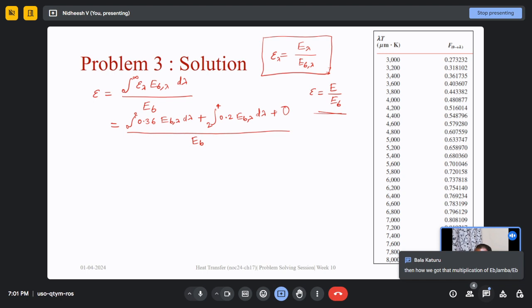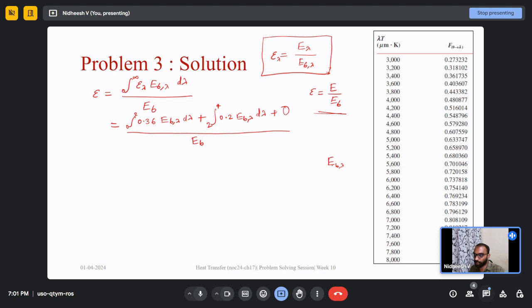Then how did we get that multiplication of EB lambda? These B and lambda are subscripts, okay? It is E subscript B lambda, just to indicate the emissive power of a black body at a wavelength of lambda. Is that clear? And what do we get when we multiply emissivity at a wavelength lambda with this quantity?